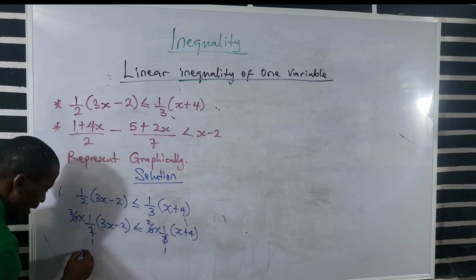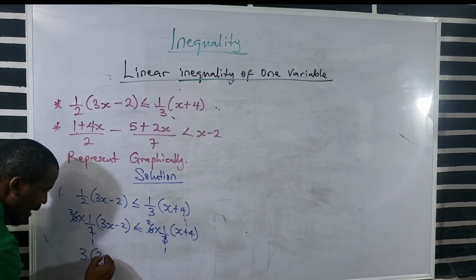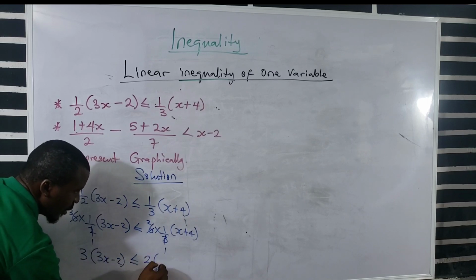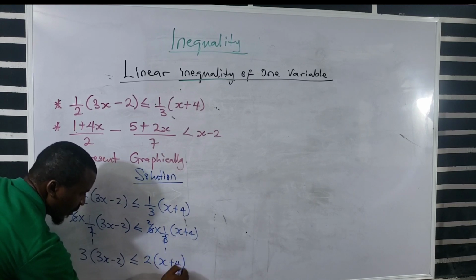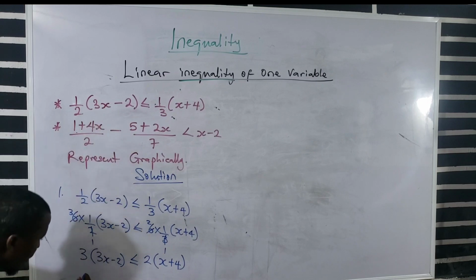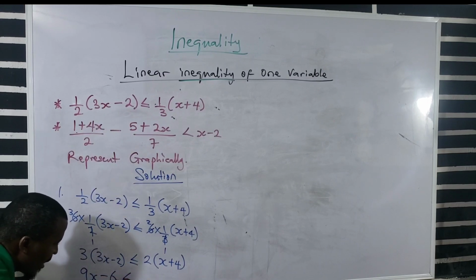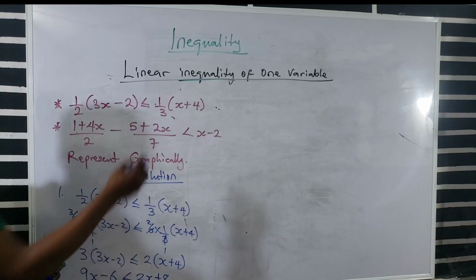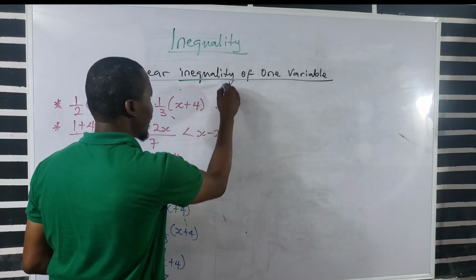So what I have here is 3 into 3x minus 2 less than or equal to 2 into x plus 4. When you open the bracket, you have 9x minus 6 less than or equal to 2x plus 8.